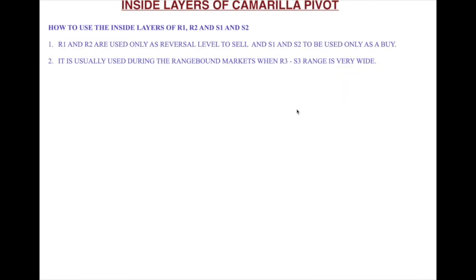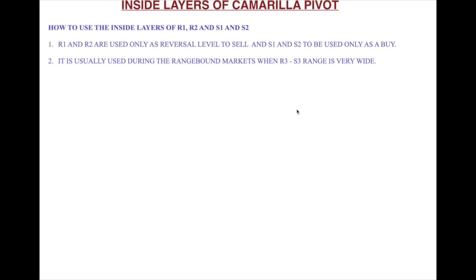Now, what are inside layers? In the first slide when I explained Camarilla pivot, we discussed only R5, R4 and R3, and S3, S4 and S5. We did not discuss R1 and R2 and S1 and S2.